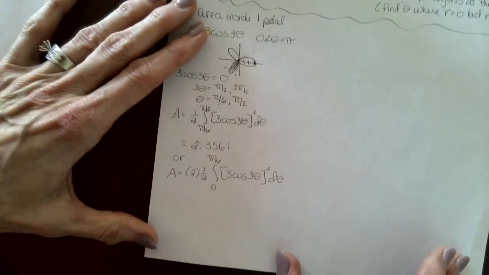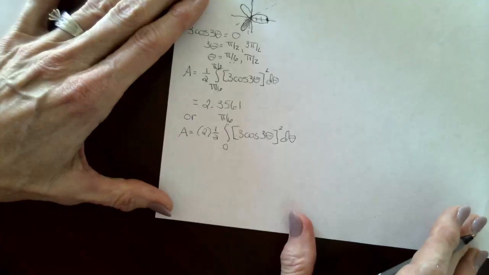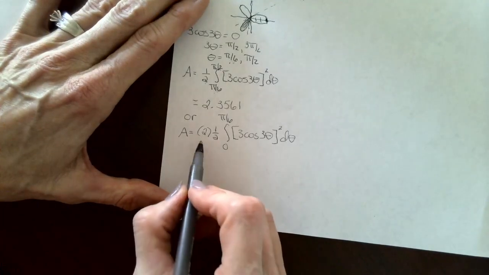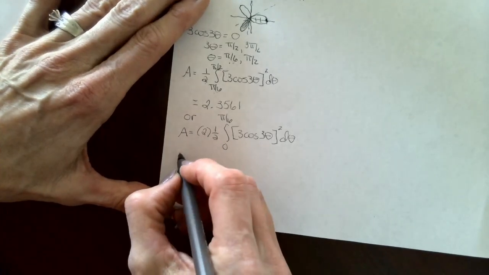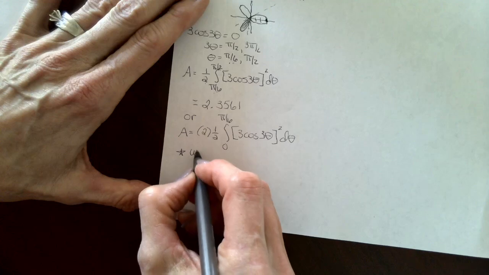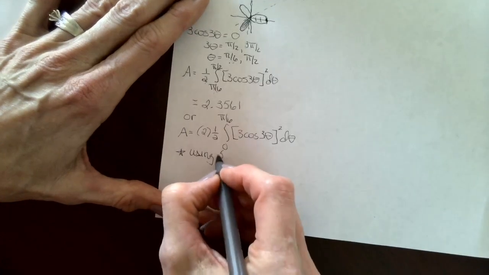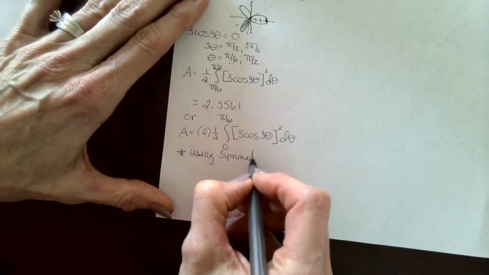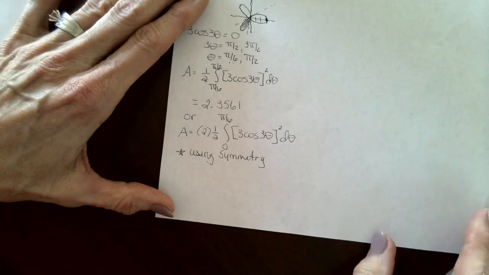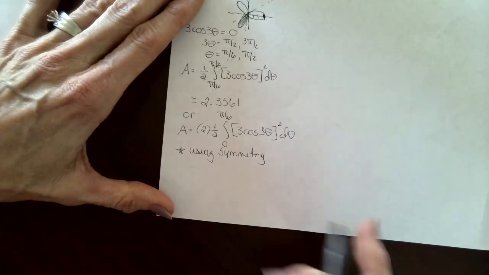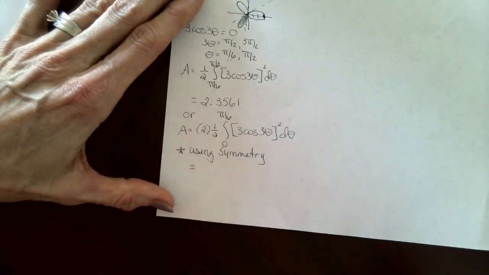Put that in your calculator. Obviously, you don't have to put the 2 times 1/2 in your calculator, but I want that in your notes so that you can see we're using symmetry. Plug that in your calculator and tell me if you get the exact same decimal.